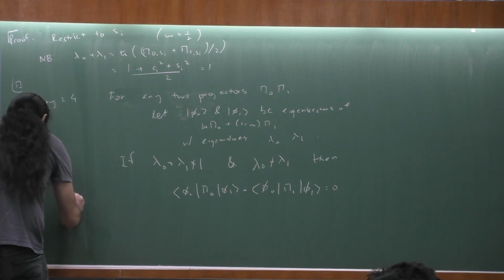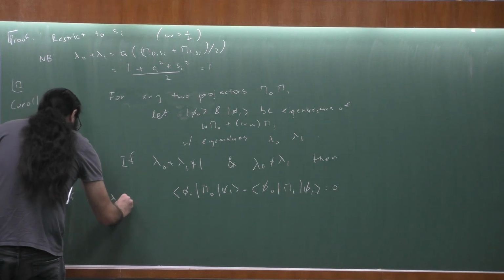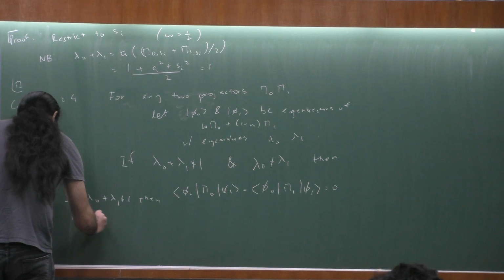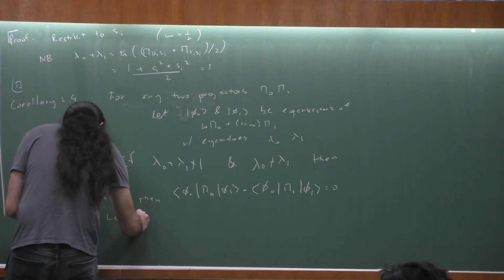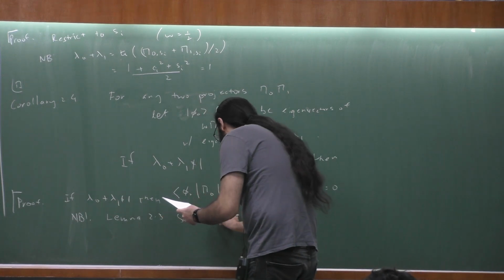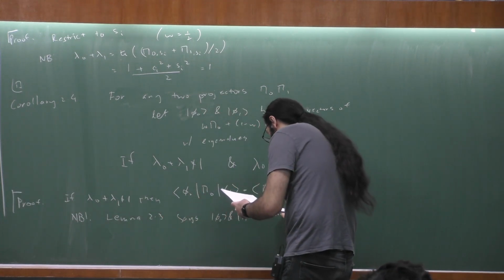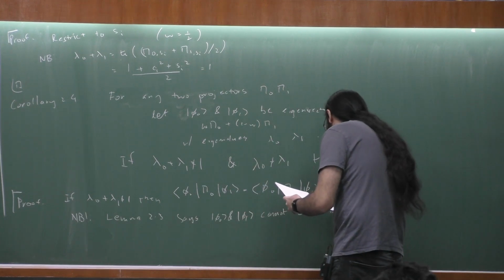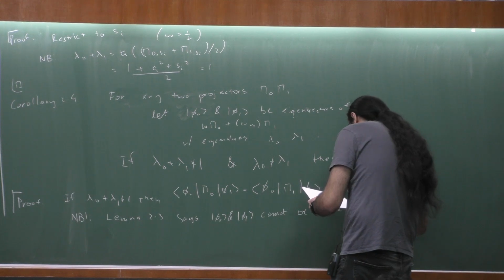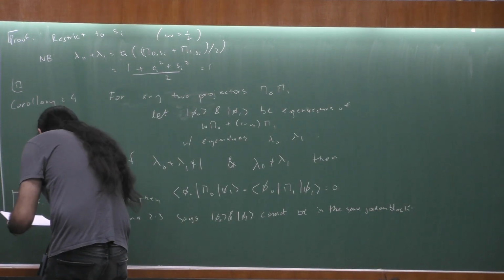The proof says if lambda 0 plus lambda 1 is not equal to 1, then, as Uttam Bhai was essentially preempting, lemma 2.3 says that phi 0 and phi 1 cannot be in the same Jordan block. So that was one.